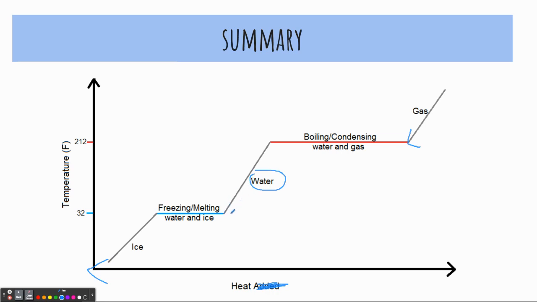And then if we continue to cool it, it will turn into ice. So we can either add heat and go from ice, to water, to gas, or we can add cold temperatures to it, and it can reverse. So this is a continuous cycle.